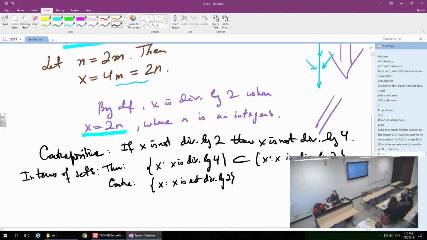Well, we already did that, but let's write it anyway. Let me do it more explicitly: x is not divisible by 2. Okay, so that's the same statement as here.